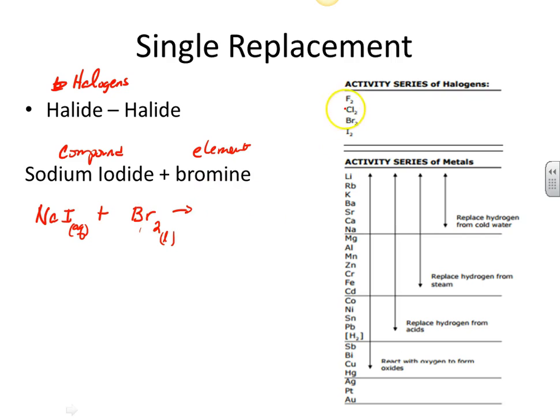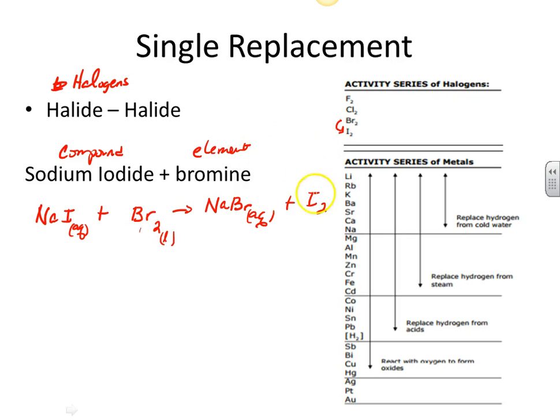Okay, so our activity series for halogens follows the same pattern. The higher it is in the series, the more reactive it is. In this case, we're trying to see, is bromine more reactive than iodine? Bromine is higher than iodine, so bromine can replace iodine to give NaBr, which is aqueous, plus I2.